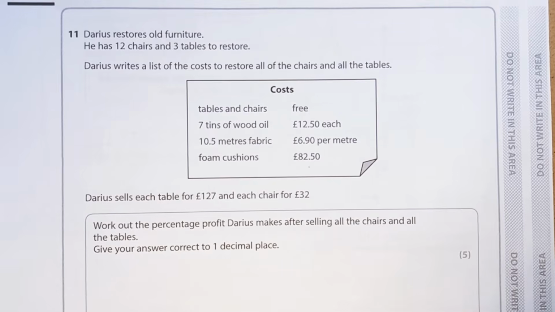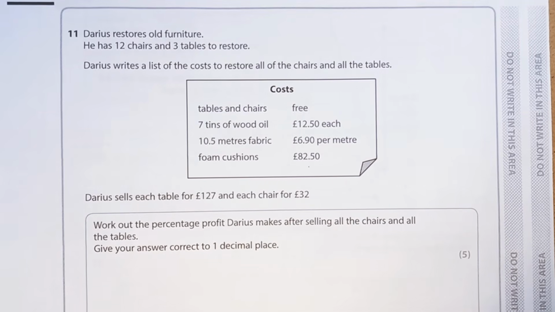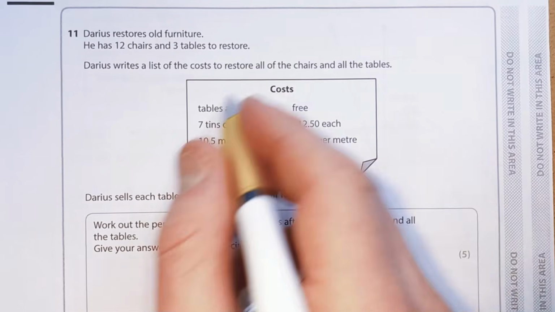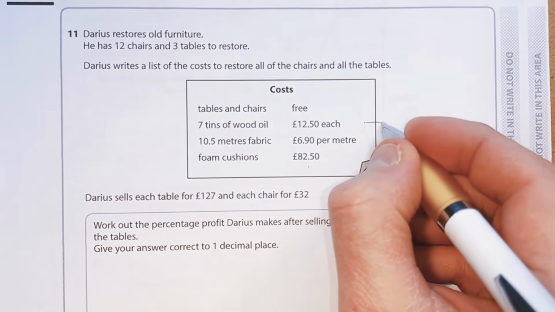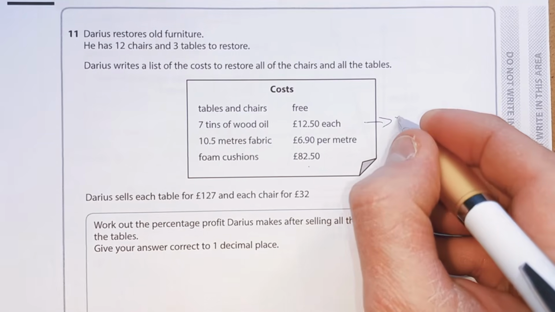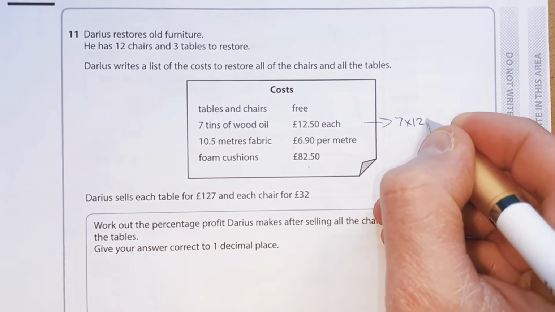So we want to know how much money he's going to get from selling these, but also how much it's going to cost him. So we've got the costs up here. So let's do the costs first of all. So it's 7 tins at £12.50 each.